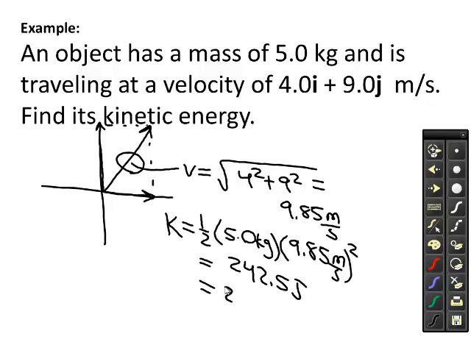Okay, it can't matter, because once again, kinetic energy is a scalar, not a vector. We get the same answer whether we add up the kinetic energies on each axis or if we just take the magnitude and shove it into the equation.